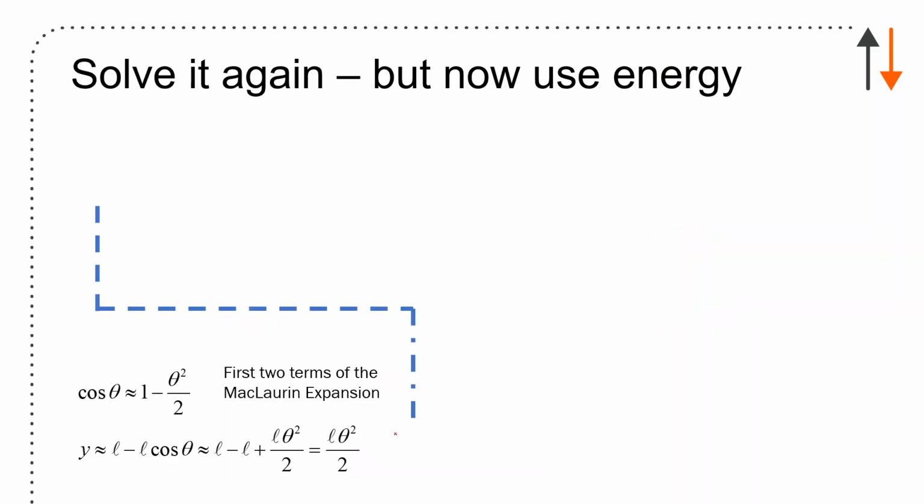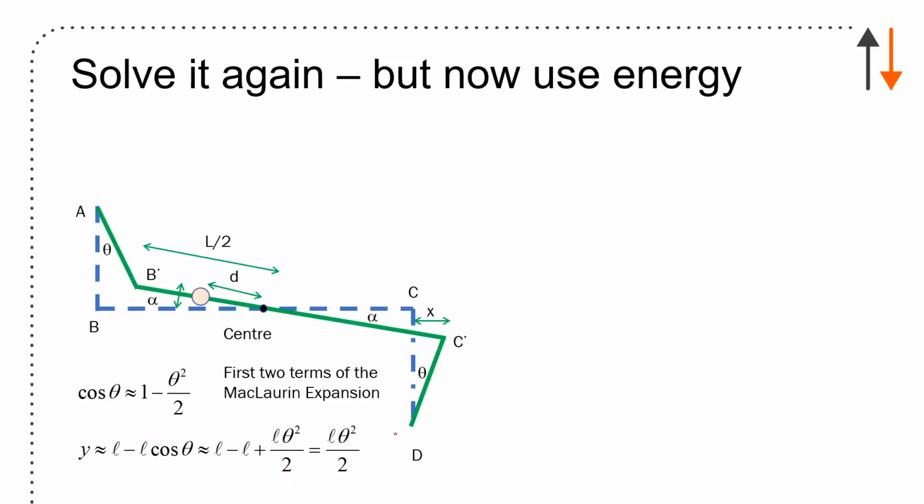We can do the same thing with the energy approach, and we can expand out. We're going to cheat a little bit, and we're going to redefine cos theta as 1 minus theta squared over 2. So y is approximately equal to L minus L cos theta. And I just want to know what this distance is that it's displaced upward. And so L minus L cos theta is L theta squared over 2.